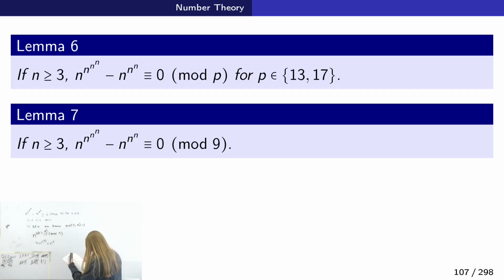So n to the 6 is congruent to 1 mod 9. Raise both to the power of k, so n to the 6k is congruent to 1 mod 9. We know that n to the n to the n minus n to the n is a multiple of 6 from lemma 5.